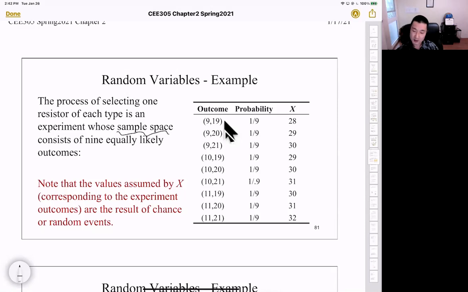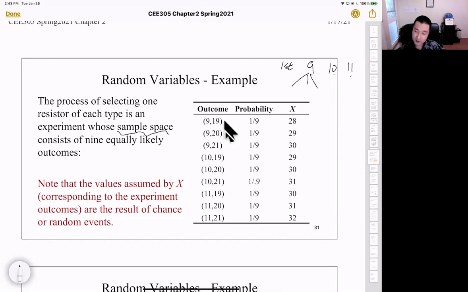Let's see the first step. We select one from the box with 10 ohms, which could be 9, 10, or 11. Then we pick another one from the second box. For 9, we could have 19, 20, and 21.